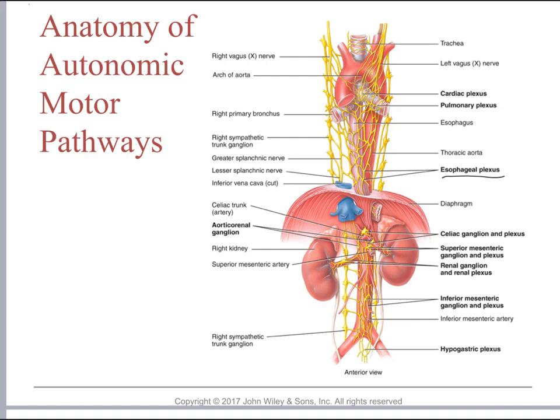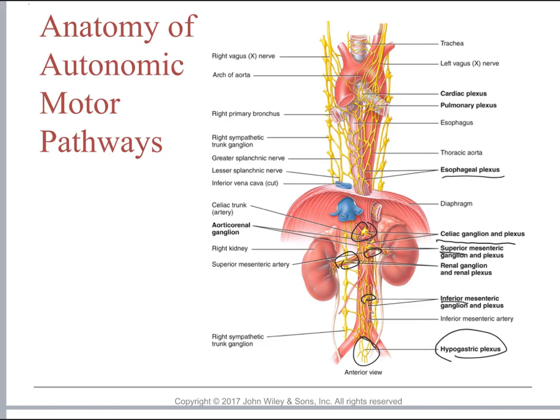Let's follow some major arteries that we just talked about. Here's our celiac trunk, our celiac plexus, superior mesenteric and inferior mesenteric plexus by the superior and inferior mesenteric arteries. Renal plexus by the renal artery, hypogastric plexus in that hypogastric region.